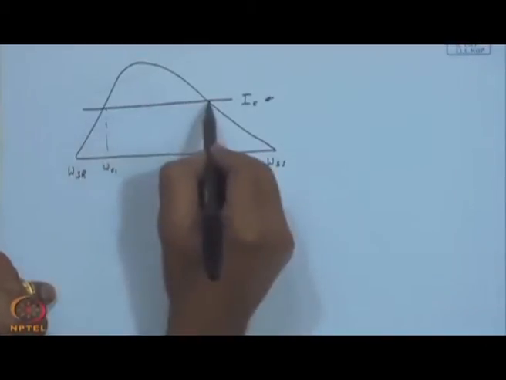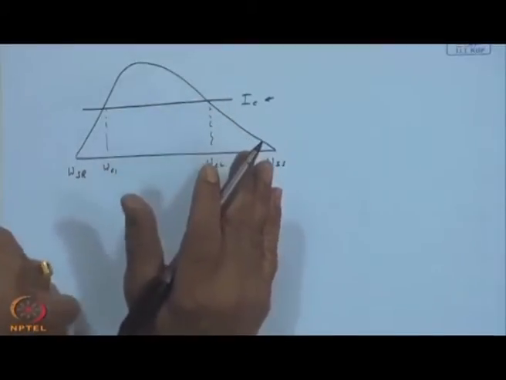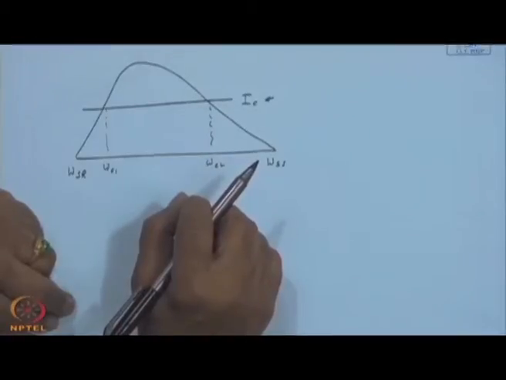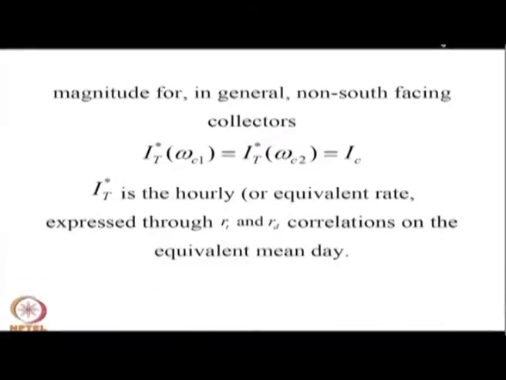So, in this zone is IT star always greater than IC by our definition, because IT star is the solar radiation on the average day of the month, excluding those days with a clearness index lower than kT minimum, for which IT could always be lower than IC. This can be analytically done once you express IT star in terms of your RT and RD correlations.